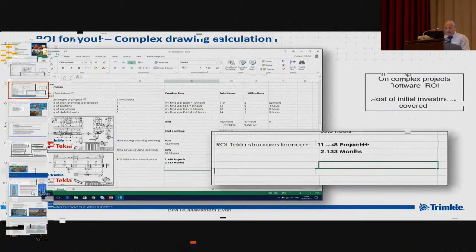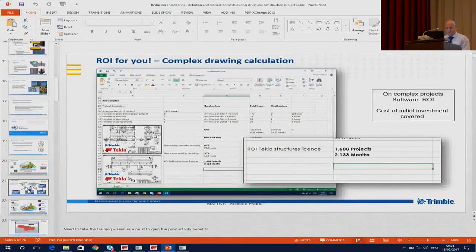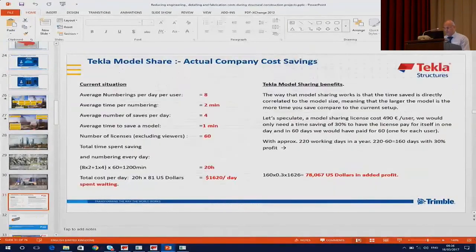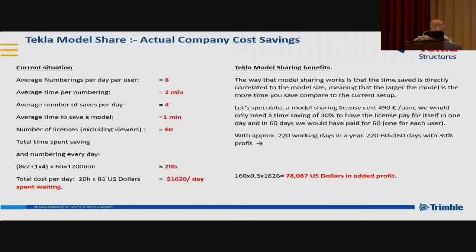With model sharing, this is where we can share the model around the world. We've got a calculation on this as well. If you use model sharing, this means you're sharing your model with people around the world, or even internally. If you're on a regular network, there's waiting time to save the model over the network, or to save the model for somebody else to work on it.